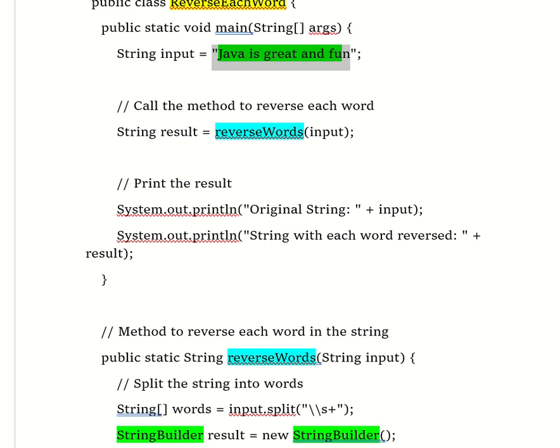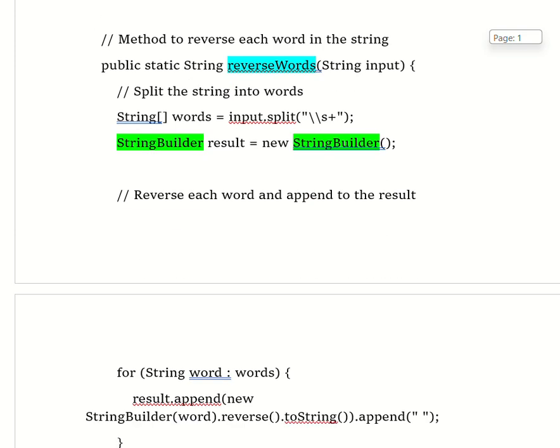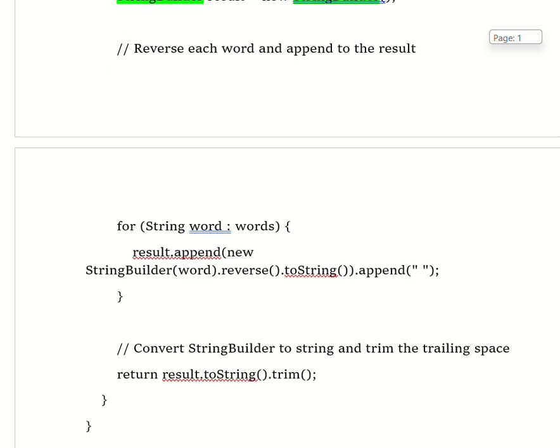After splitting the string, we will use the StringBuilder class. With the help of the StringBuilder class, we will use its reverse method. First we take one input string, then we use the split method to split the string into words.